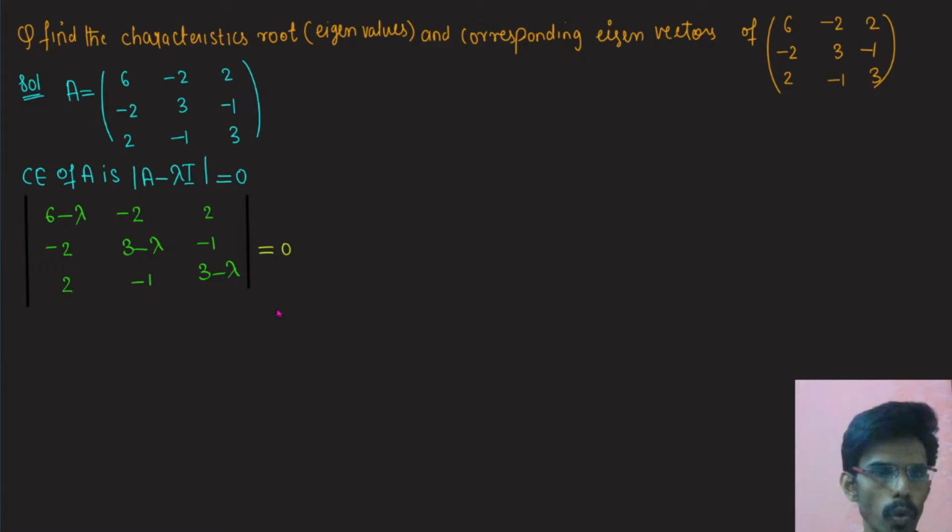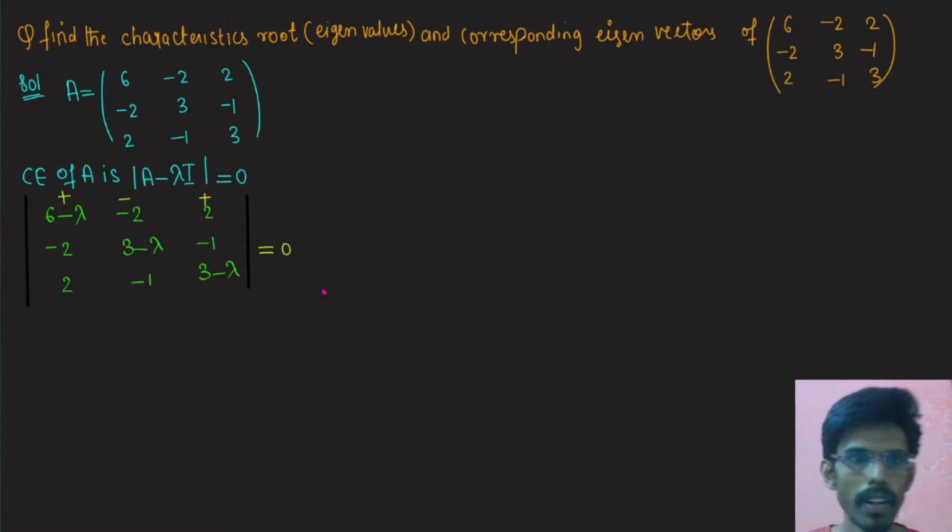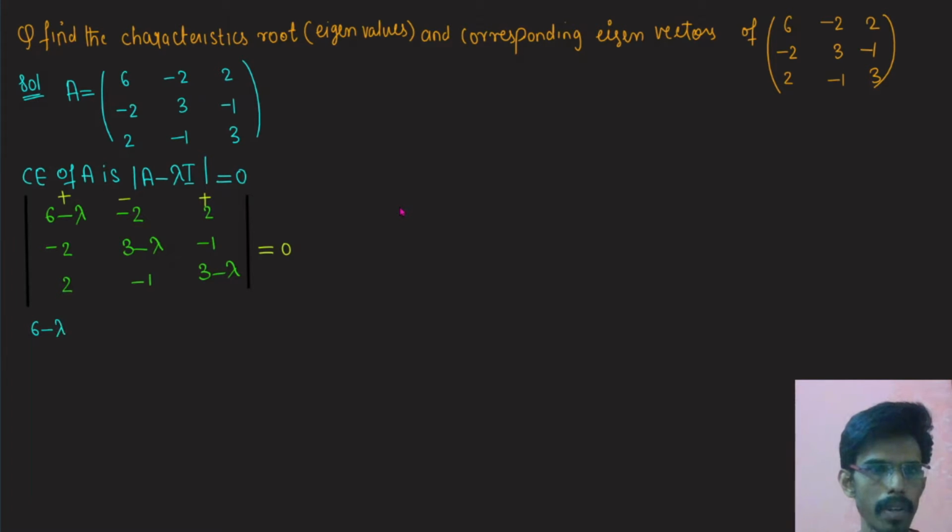Now in the first row, we assign signs: plus, minus, plus. Expanding along the first row, this will become 6 minus lambda into, now apply AD minus BC.